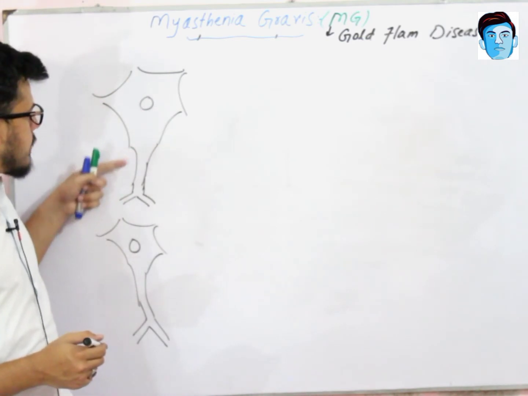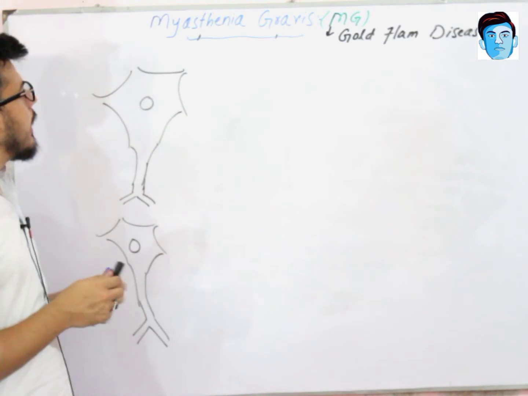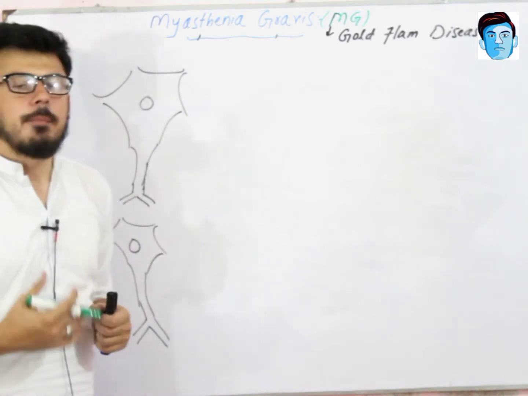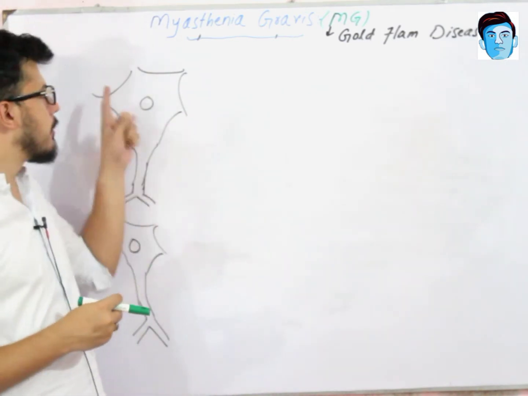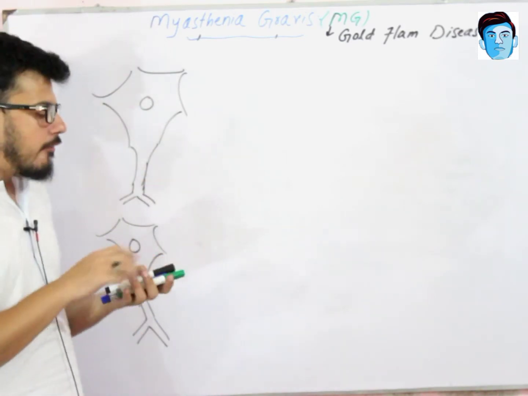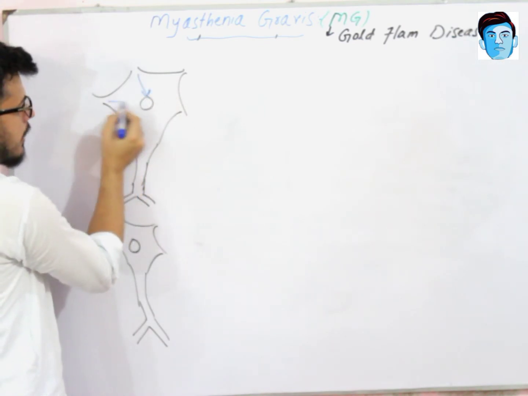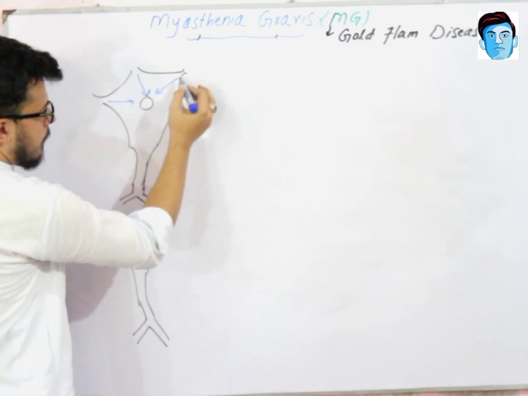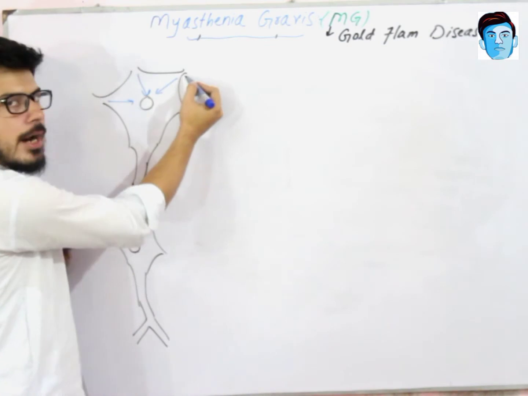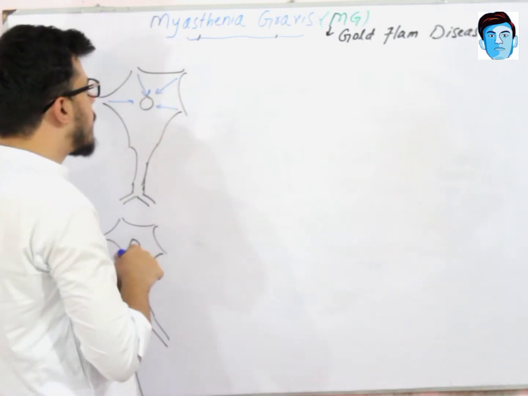Now the point is that the impulses are carried by dendrites, and from the dendrites the impulses reach the cell body, as we are very familiar.